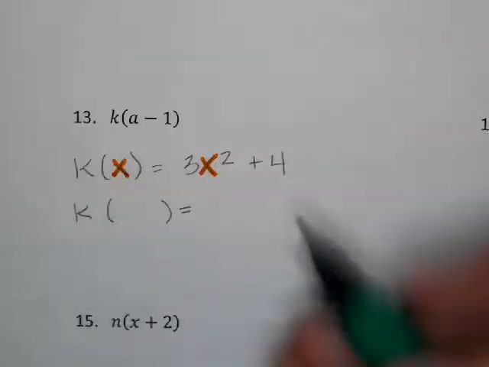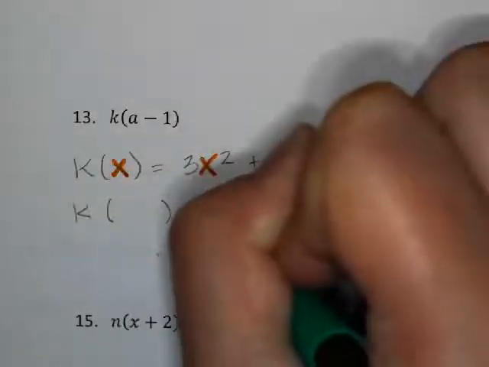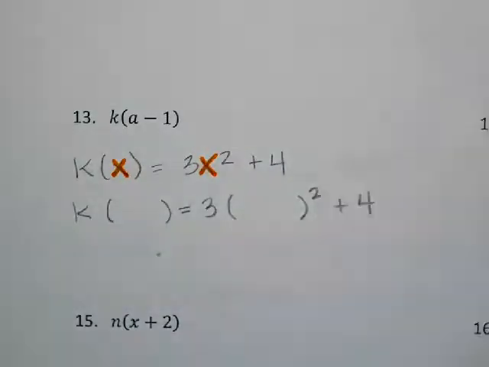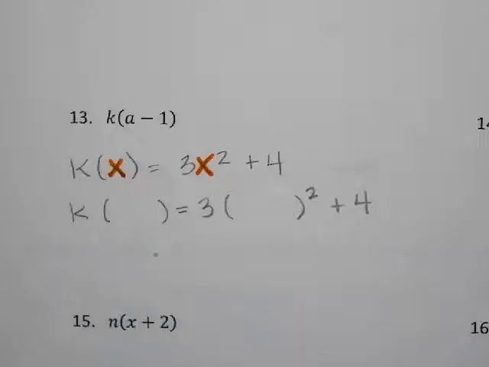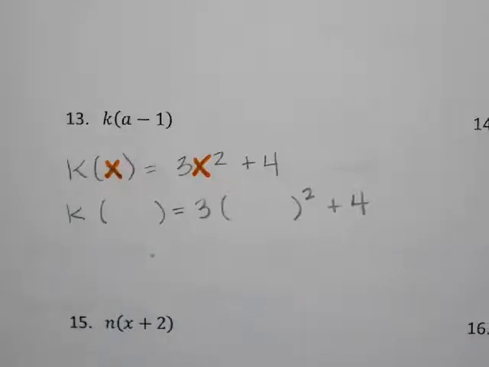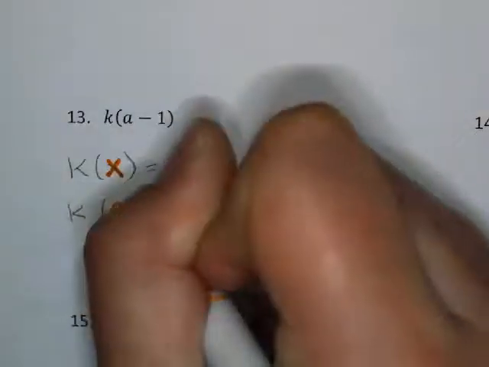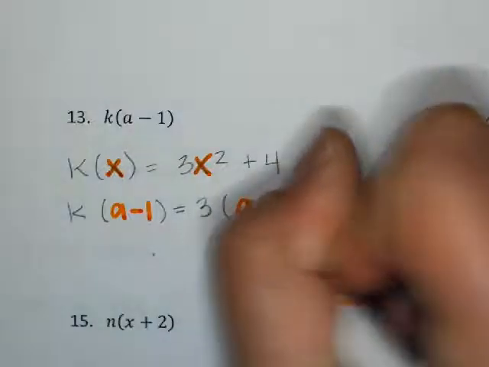So I'm going to do 3, I'm going to make my parentheses bigger, squared plus 4. And then the thing that I'm plugging in is the whole A minus 1. So A minus 1, A minus 1.